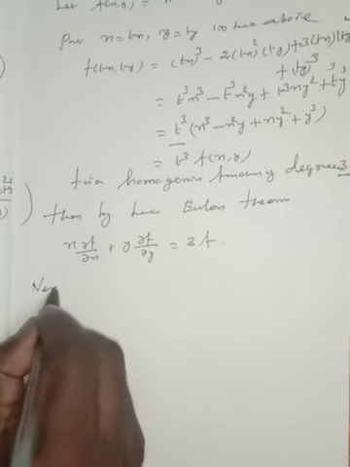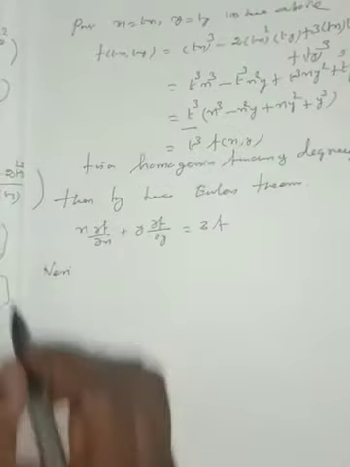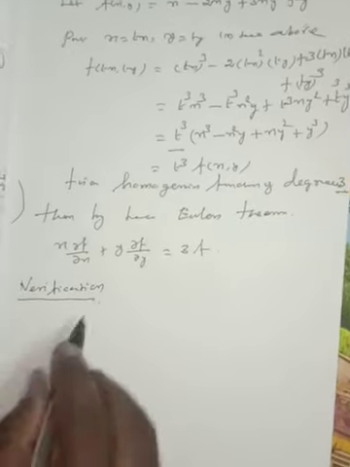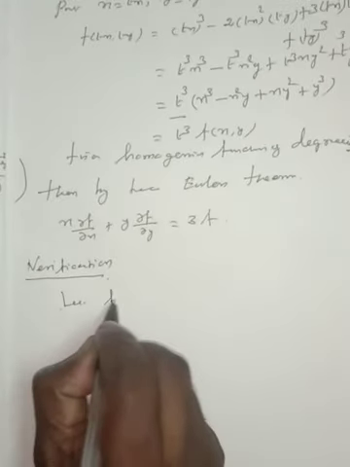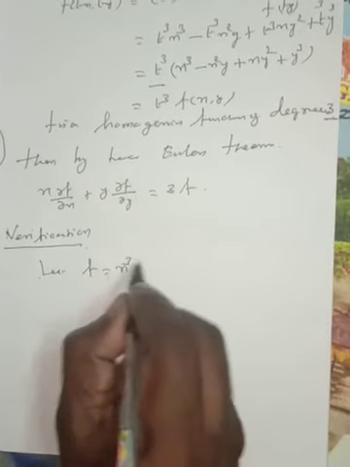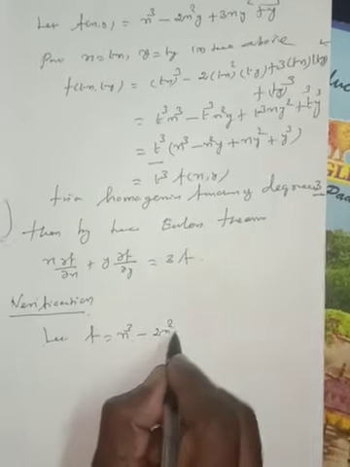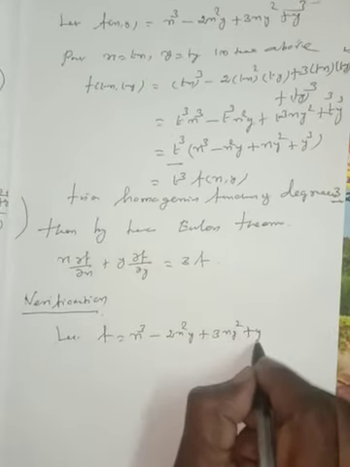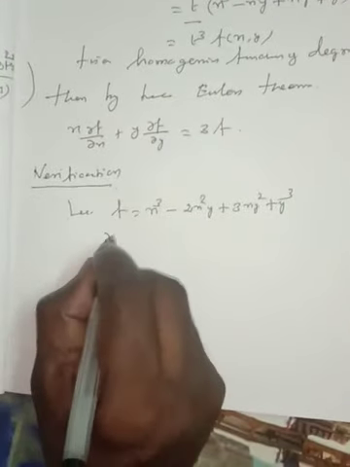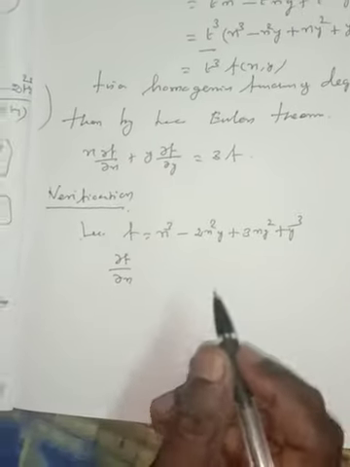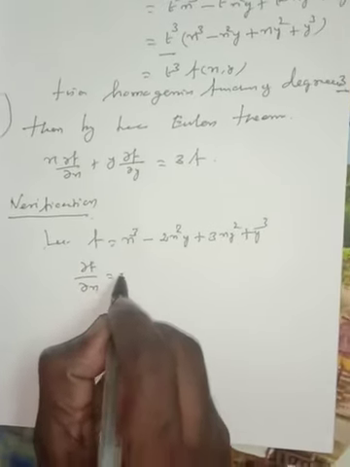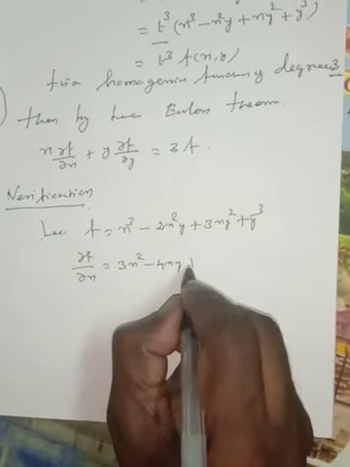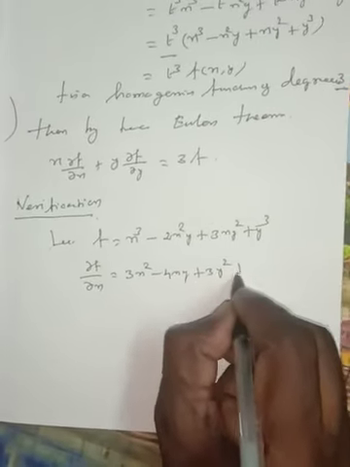Verification question: verify the Euler's theorem. Verification: let f is equal to x power 3 minus 2x square y plus 3xy square plus y to the power of 3. First, to find dou f by dou x. Differentiate f with respect to x is equal to 3x square minus 4xy plus 3y square plus 0.